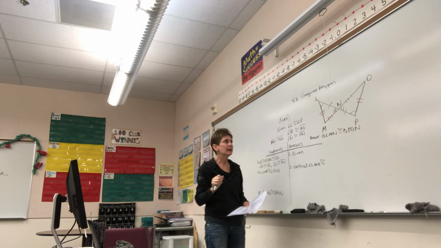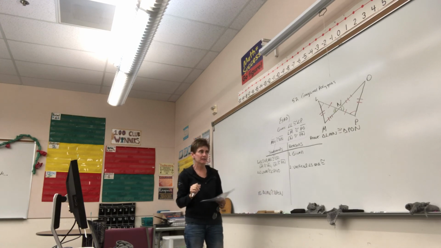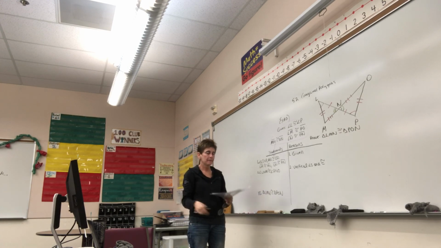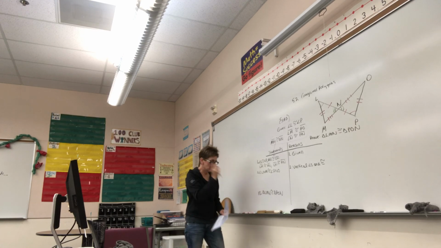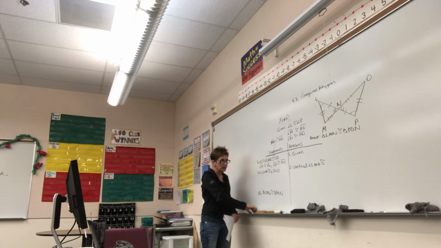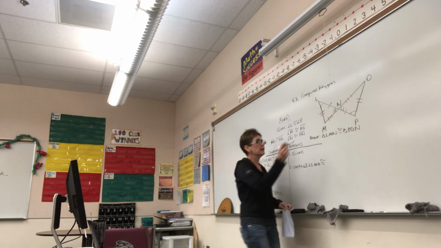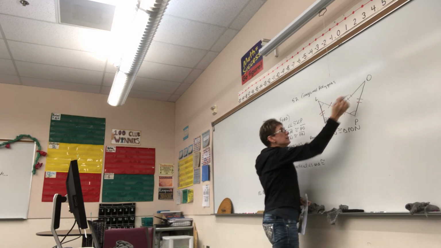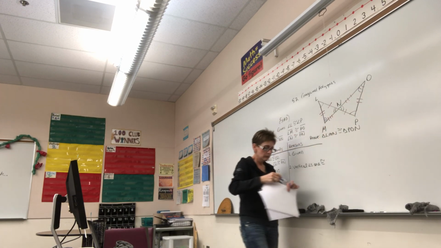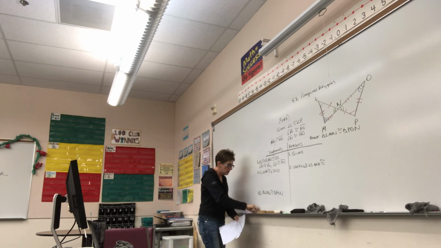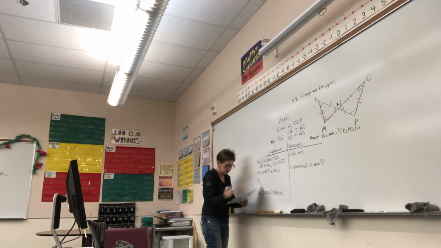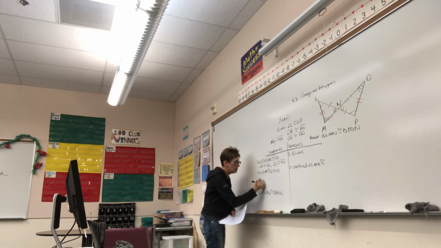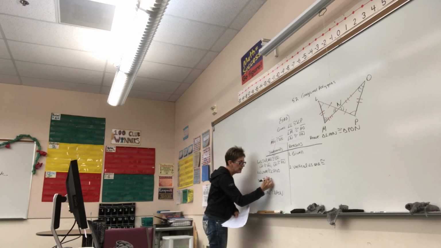The hint for that is it's something from today's lesson. I'm going to write down that angle M is congruent to angle O. See if you can figure out why. This is step 3. Angle M is congruent to angle O.